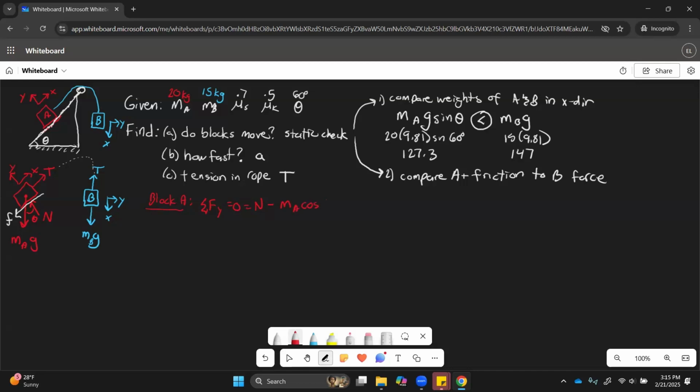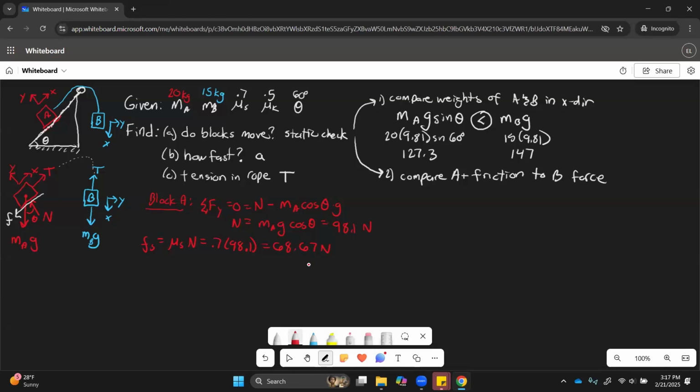N equals MA times g times cos theta, equals 98.1 newtons. Now we can get the static friction. Static friction equals mu S times the normal force, which is 0.7 times 98.1, equals 68.67 newtons. That is the static friction.